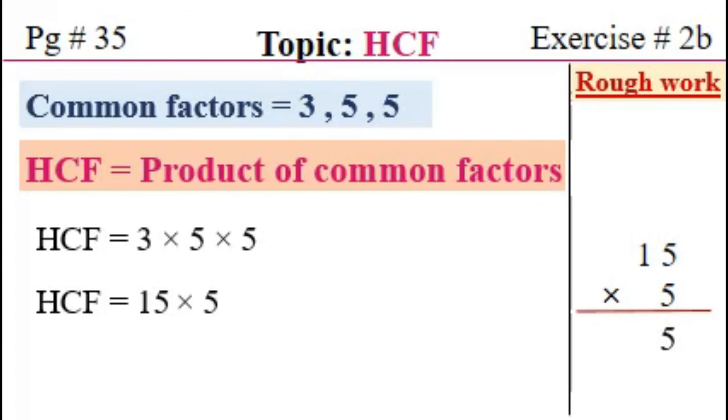So 5 will be written over here and 2 will be taken as carry. 1 times 5 is 5 and this 5 will be added to the carry. So 5 plus 2 will give us 7. 75. So the product of 15 and 5 is 75. It means that the HCF is 75.